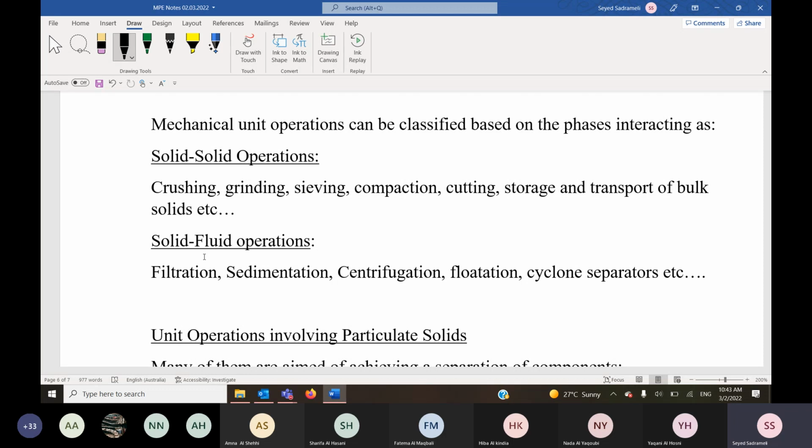And also flotation and cyclone separators, which are used for gases, a mixture of gases together with solid particles like ash. So we can separate ash from the mixture in the combustion flue gas by cyclone separators.